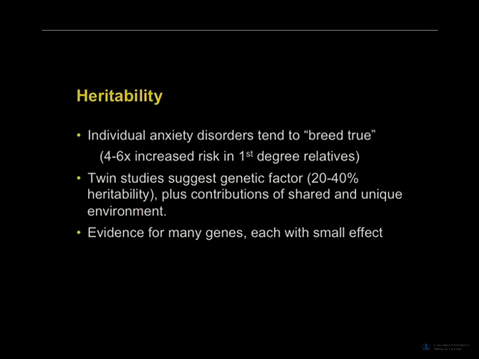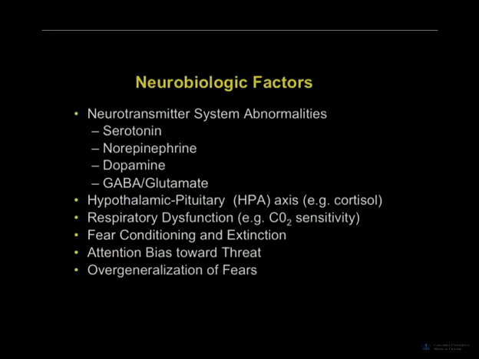It's clear that many genes are involved, each with very small effects. Quite a few neurobiological factors have been identified as showing some differences in people with anxiety disorders versus not. Some of these have been found across different disorders, some are specific. I'm not going to get into a lot of detail here, but just to give you a flavor of what we know.